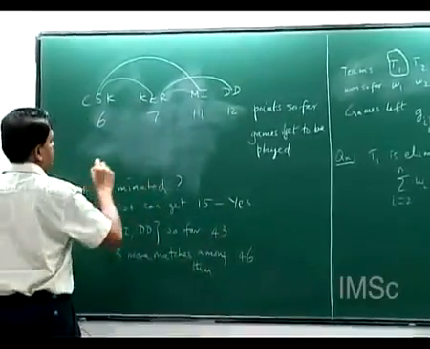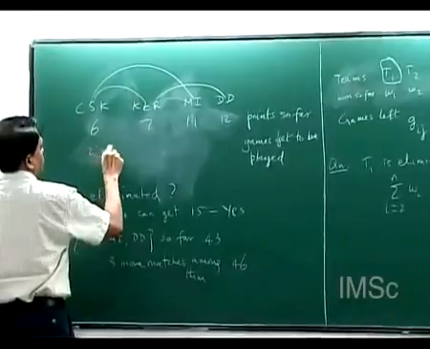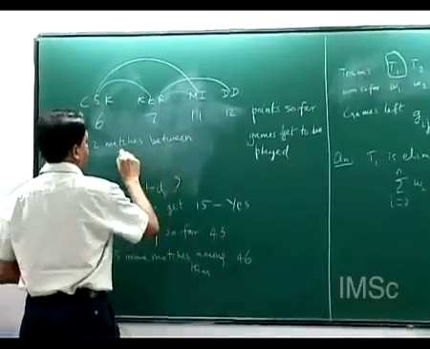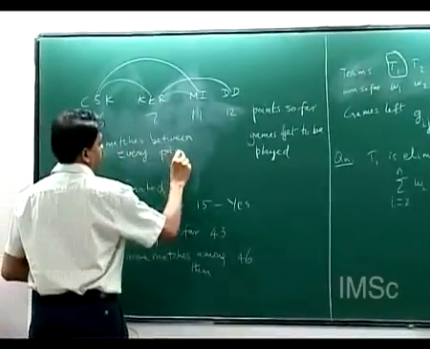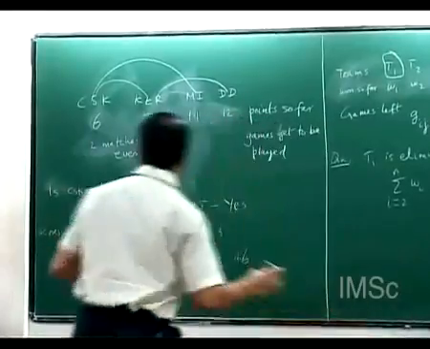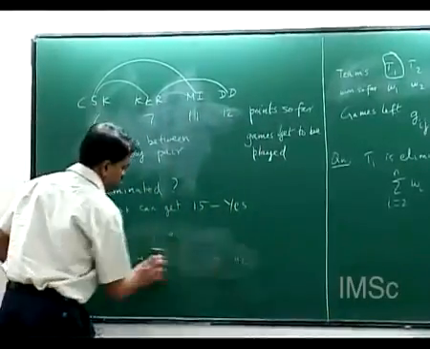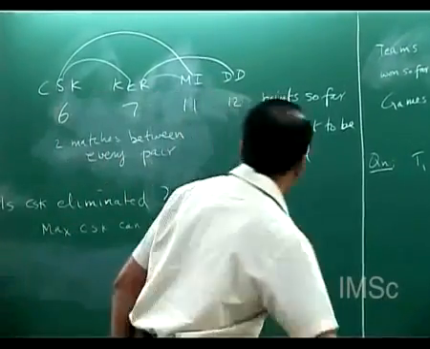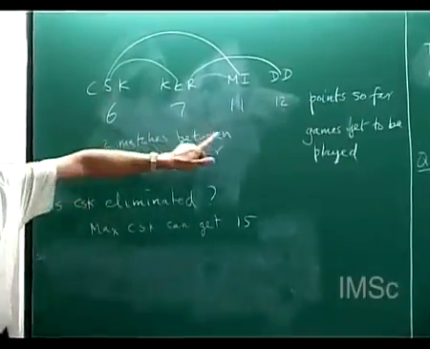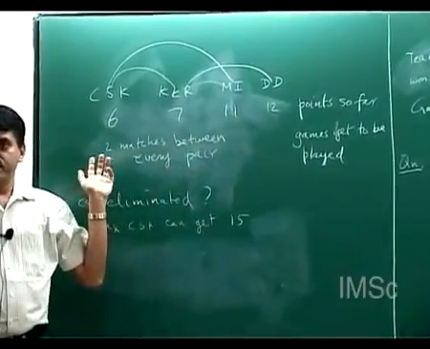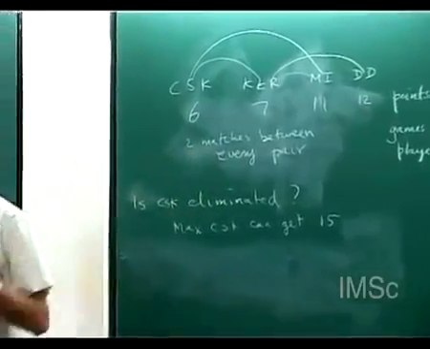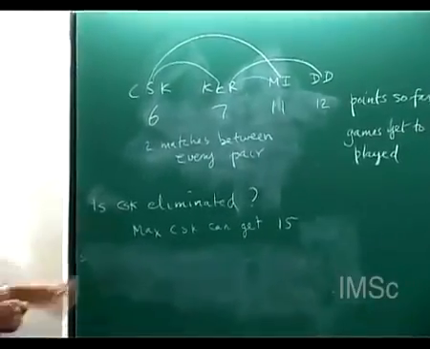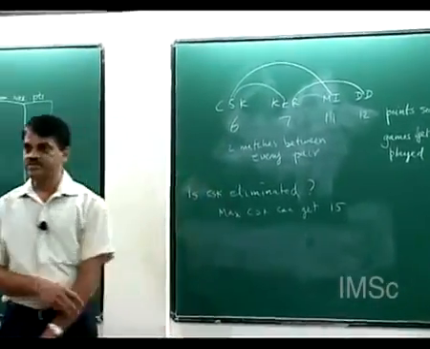Games yet to be played is... suppose this is the scenario you have, you have 6 points, 7 points, 11 points, 12 points, and for the games yet to be played, every pair needs to play 2 games each. Okay. So there are like 12 games left. Now I ask the same question, is CSK eliminated?